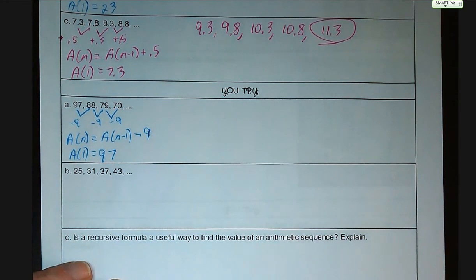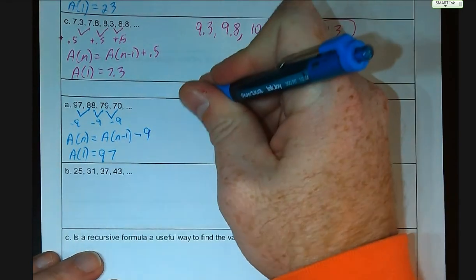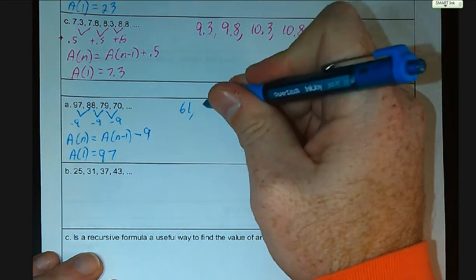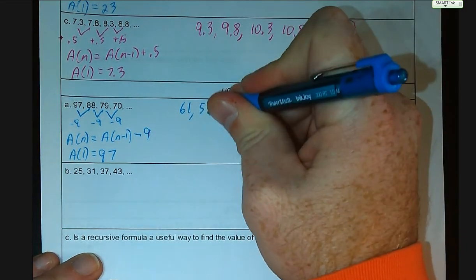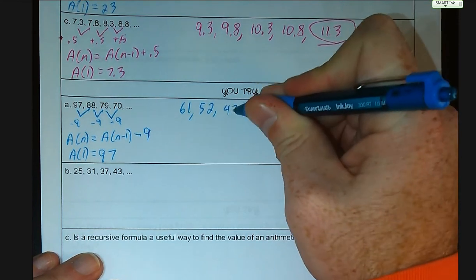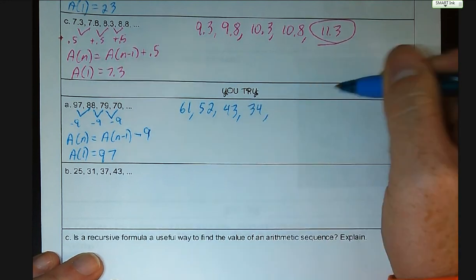So we're going to leave off with the term that they left us off on, the 70. So to find the next term, we would do 70 minus 9, which is going to be 61. Next would be 61 minus 9, which is 52. Subtracting another 9 is going to give us 43. Then 34. And 25 is our 9th term.